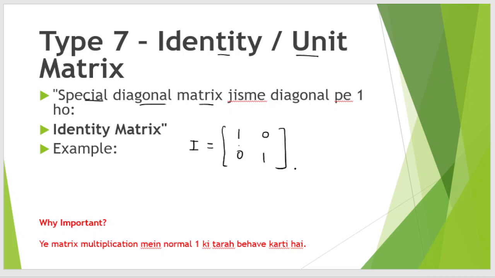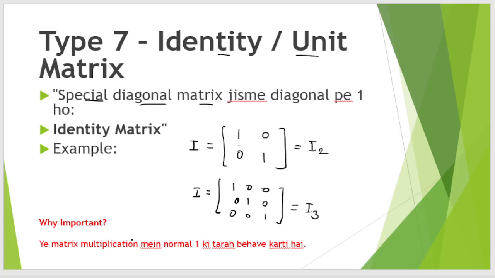So this is called a unit matrix or identity matrix of order 2. Sometimes it is denoted by I with a subscript 2, meaning an identity matrix of order 2. Similarly, we can write an identity matrix of order 3 also, denoted by I3.